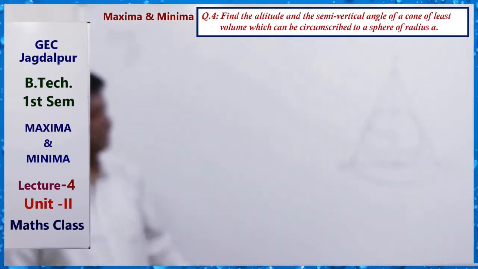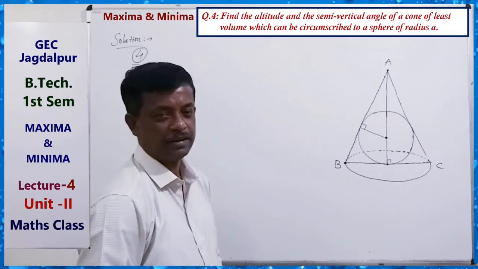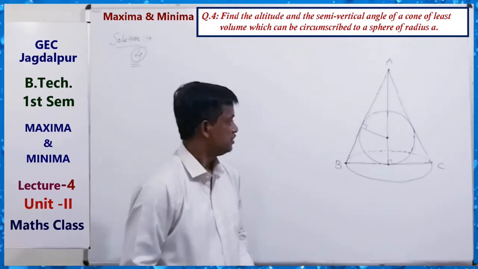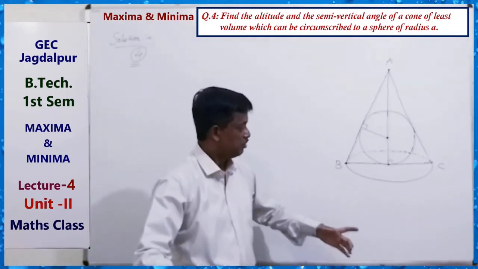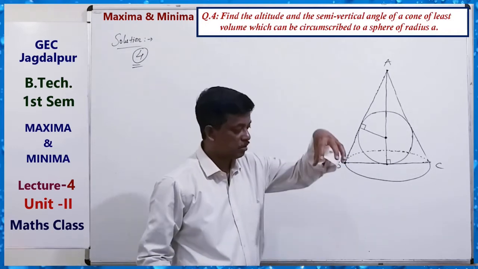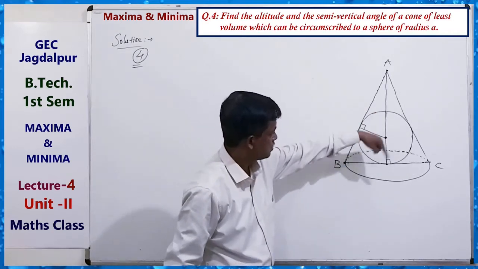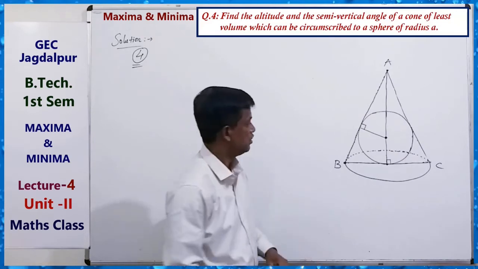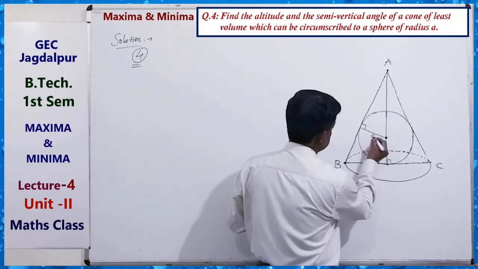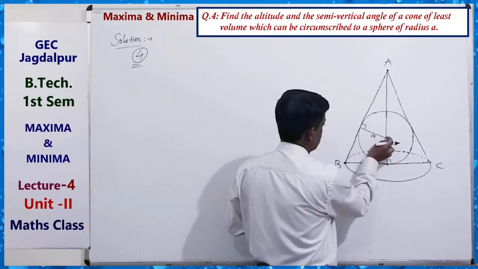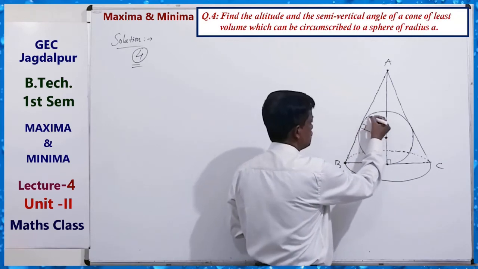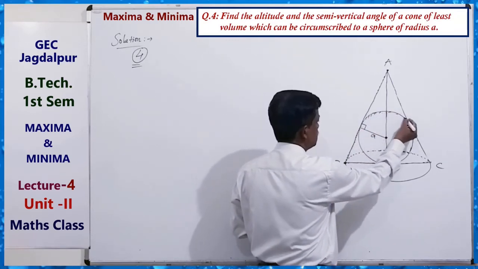Okay. So this is our diagram. We make a cone circumscribing this sphere, and this is the radius of the sphere. This is a 3D sphere.